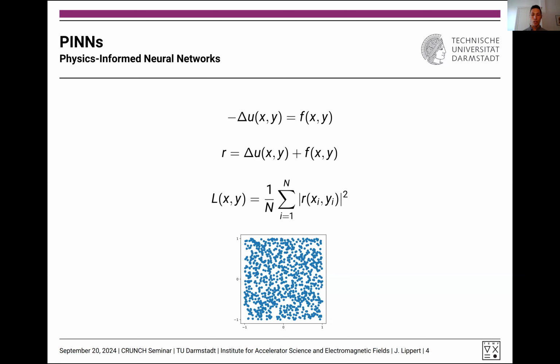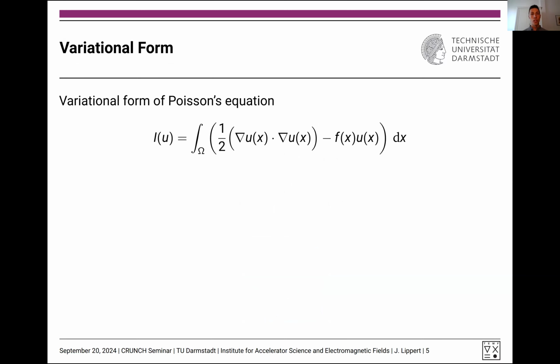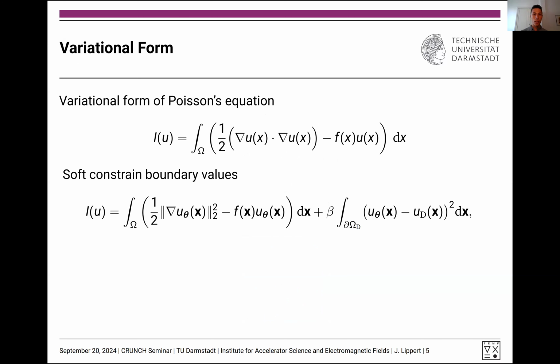Therefore, we can improve this by using the variational form of Poisson's equation. It can be shown that minimizing this energy functional is equivalent to solving the Poisson's equation we saw before. We can also incorporate soft constraint boundary values by simply integrating over the squared error between our Dirichlet boundary and the value of our actual function.